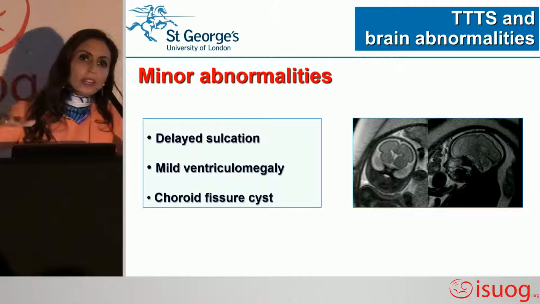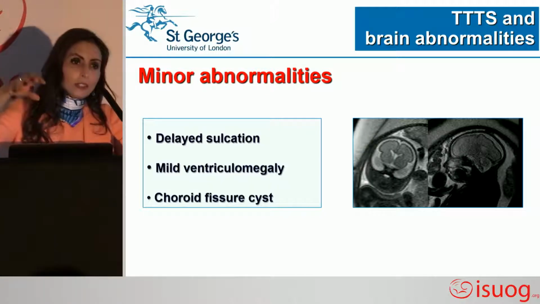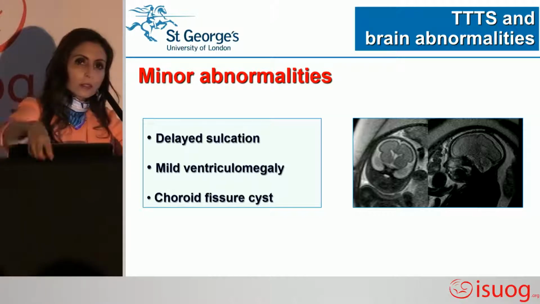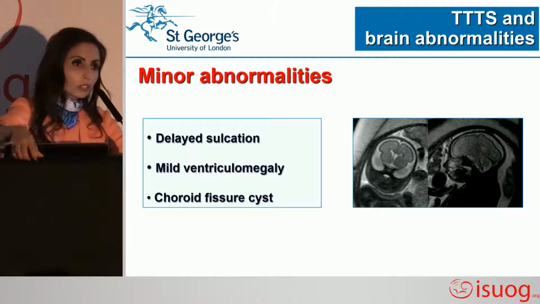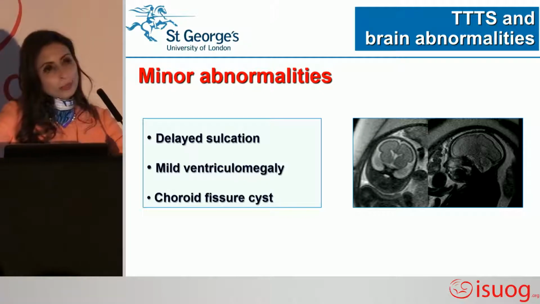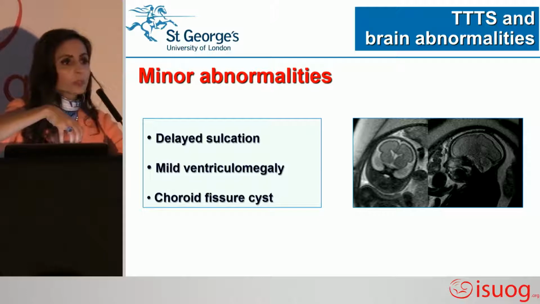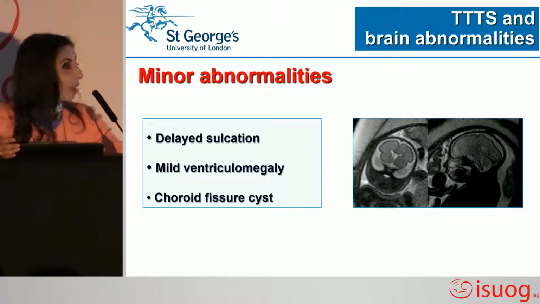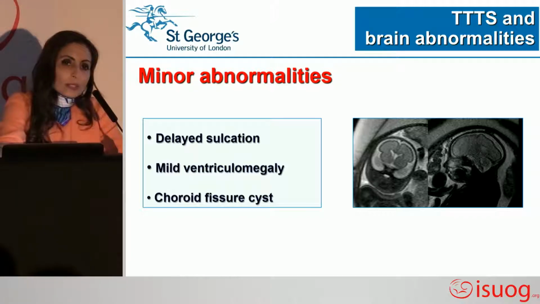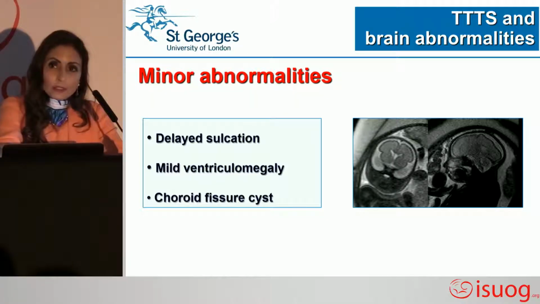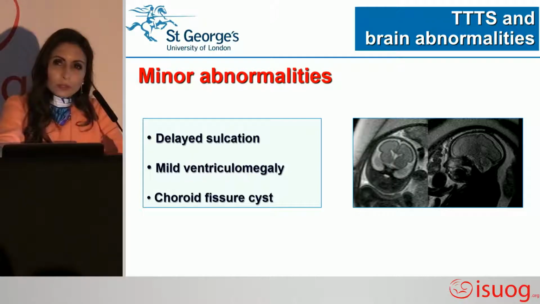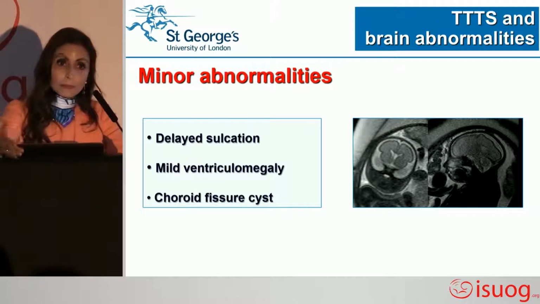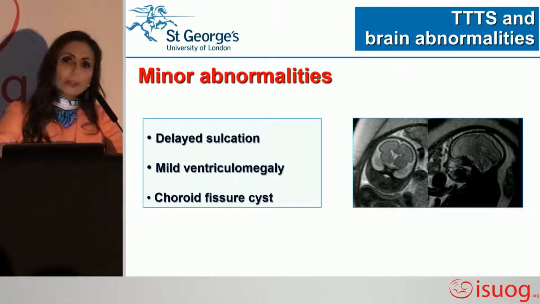But where I work at St George's, we agreed that before we tell the parents, we have a multidisciplinary meeting with the neuroradiologist, the geneticist, the pediatrician, and the fetal medicine expert, and we agree what would be reported to the parents. For minor abnormalities where you don't know the clinical significance for the babies after birth, I'm not sure that you really need to, because once you tell parents the baby has a brain abnormality, the next question is about the option of termination.